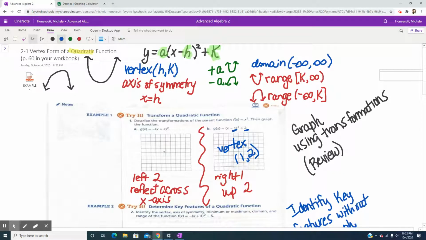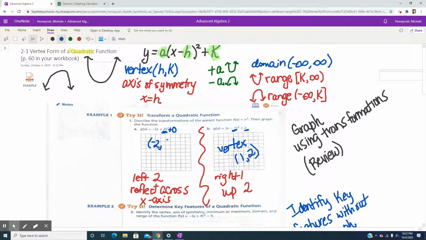And then for this one, the vertex would be at, let's see, there is the h value. See, h is right in the parentheses with the x. So x minus whatever that number is, that's your h. So I've got x minus, but it's a positive 2. So I'll take the opposite of that. My h would be negative 2. And k, well, there's nothing out here, so that's the same as saying plus 0.